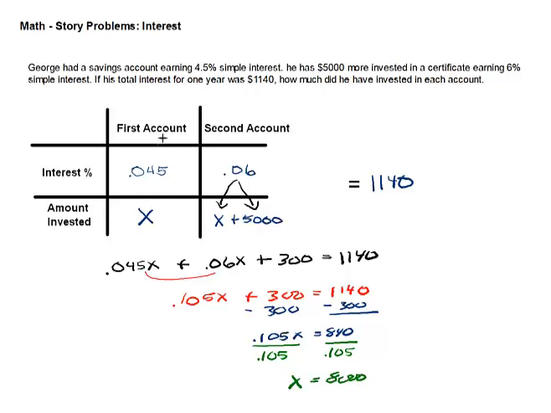So because we solved for x, we know in his first account he has invested $8,000. If we take the 8,000 and put it in place of X, so 8,000 plus 5,000, then in this account he has $13,000. So that's how much he has in each account: 8,000 for the first account and 13,000 for the second account. So that's one setup for the story problem.